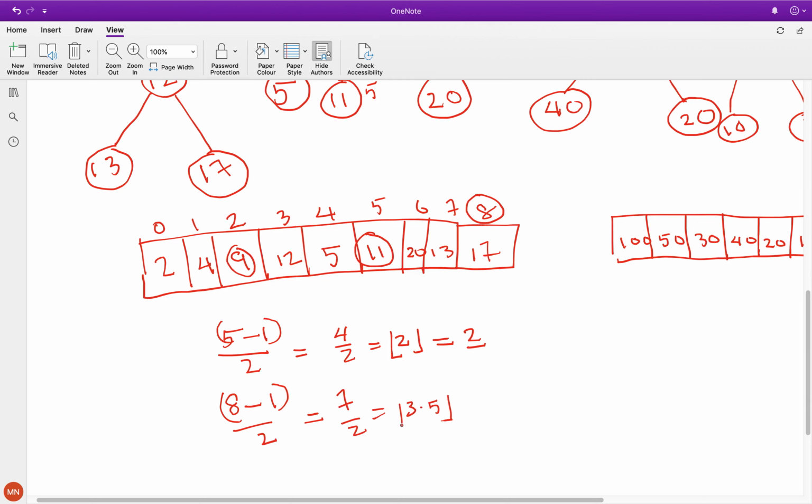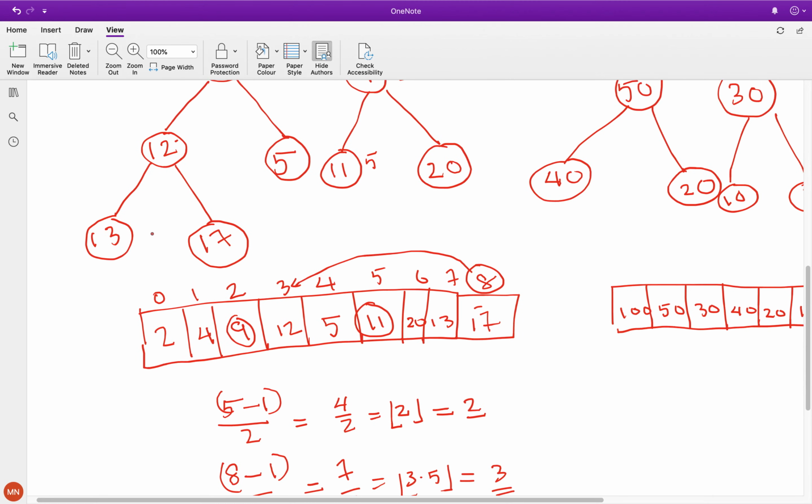Then you find the floor, that is, the highest integer less than or equal to the given number. So 3.5 is a fraction, and the nearest lower integer to 3.5 is 3. So if you want to find the parent of a number at position 8, its parent will be residing at index 3.